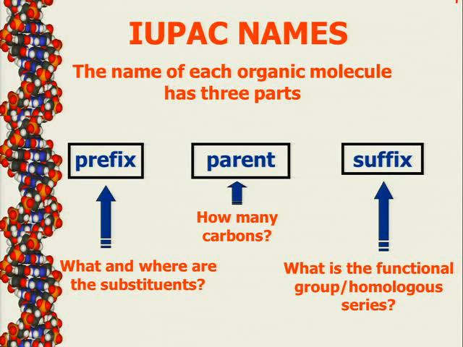So when you name the compound, you look at the prefix, the parent name, you check how many carbons you have, and then later you look at the homologous series to which this compound belongs. For the homologous series, like I said, you must check whether you've got either a single bond or double bond or triple bond.